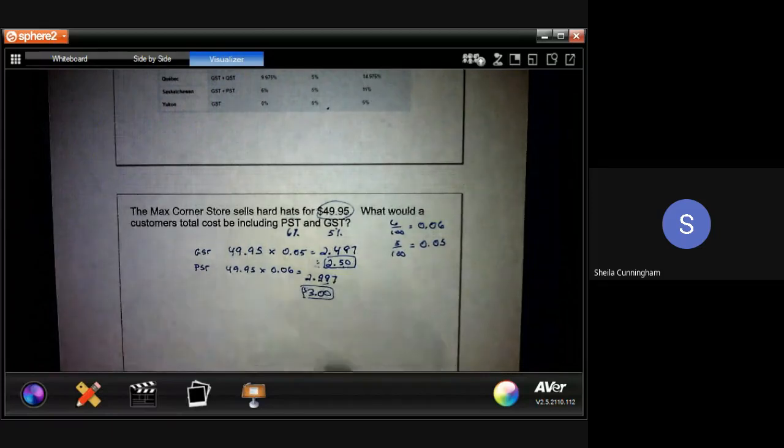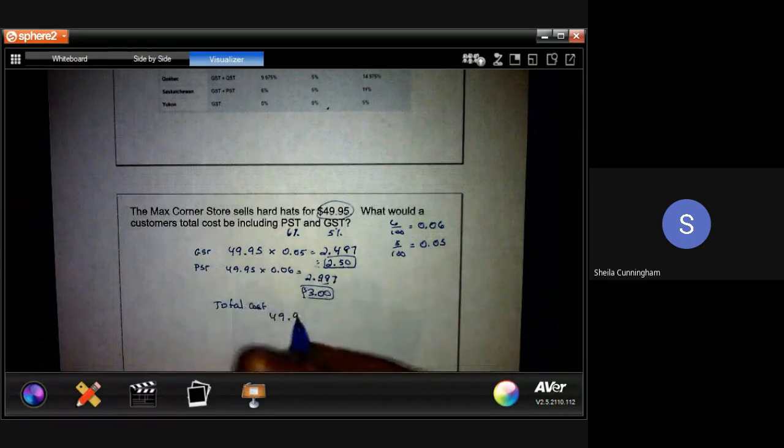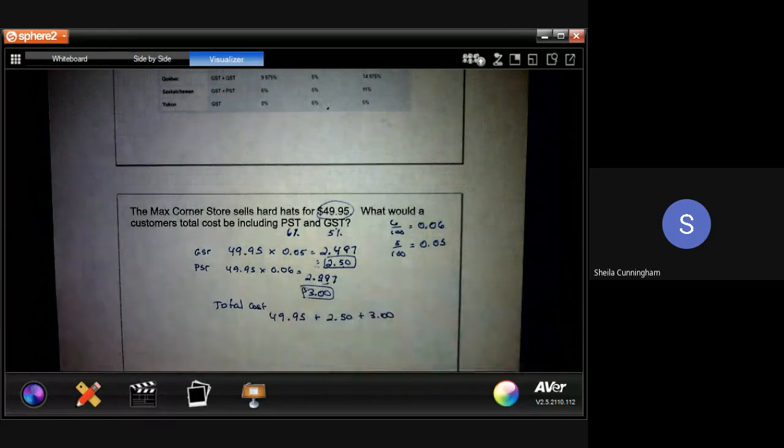So now what I want to do, my total cost is taking the $49.95 plus the $2.50 for the GST plus the $3 for the PST.